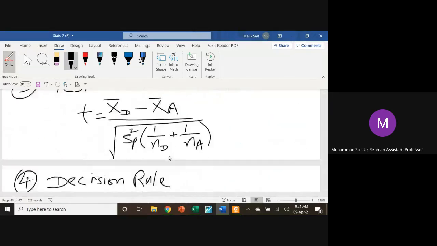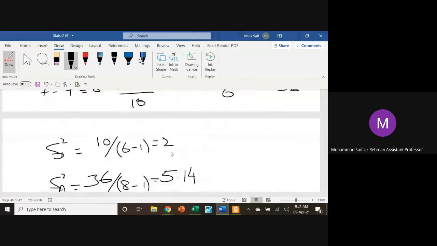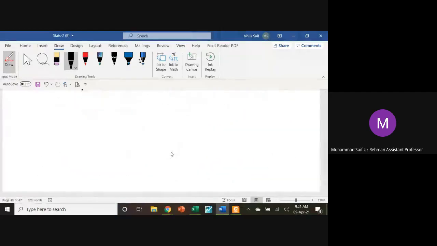So we have basically solved it, and we should also write down the sixth step, what this rejection means. So step 6 is interpretation. How will you interpret the result?